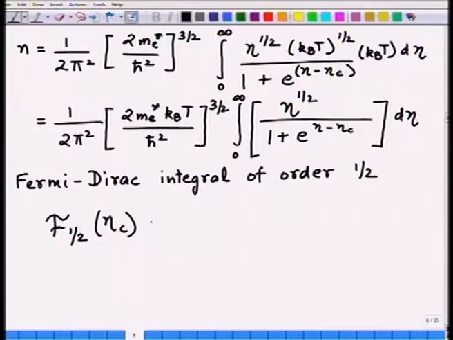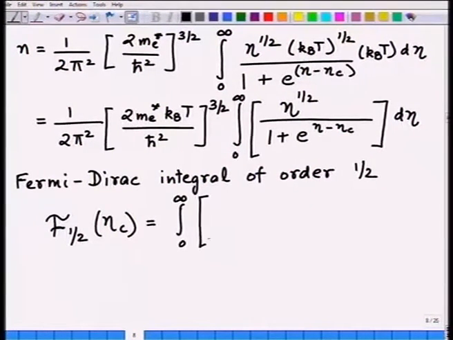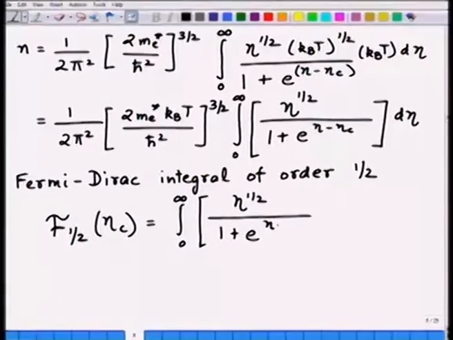Eta c is just the parameter in there, as being quantity equal to integral 0 to infinity eta to power half divided by 1 plus e to power eta.